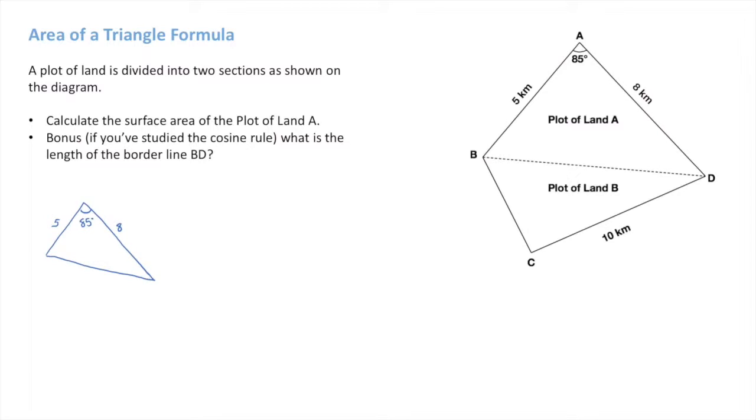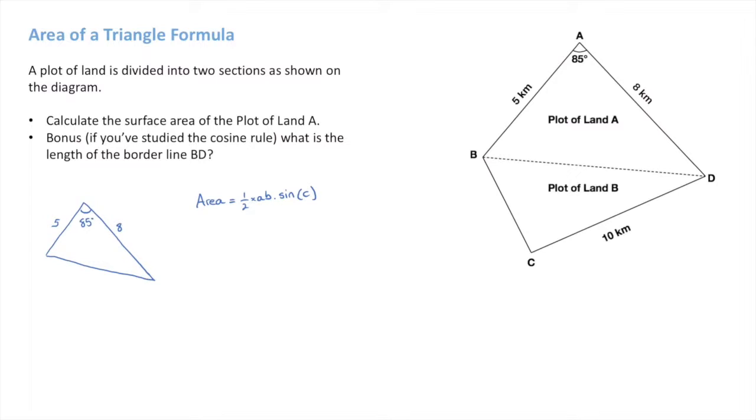Now, because we're given two side lengths and the angle between those two side lengths, we can use the area of a triangle formula to calculate this triangle's area. And we can go right ahead and state that area is equal to 1/2 times a times b times sine of C. Now, that's the formula.